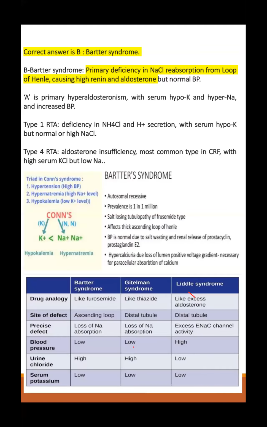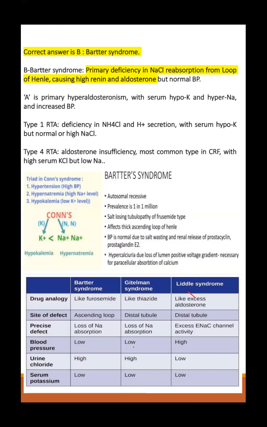So high renin means hypokalemia, hyponatremia, because aldosterone is high. That's why. In primary hyperaldosteronism, it's serum hypokalemia, hypernatremia, increased BP. So it's Conn's syndrome, primary hyperaldosteronism. But renal tubular acidosis, no. Type 1 is a deficiency of ammonium chloride and hydrogen secretion, serum hypokalemia but high sodium.